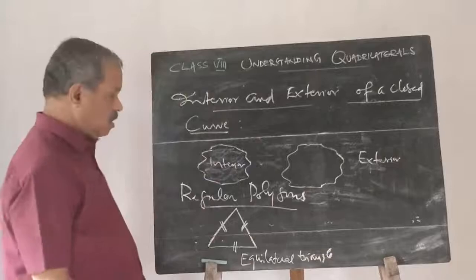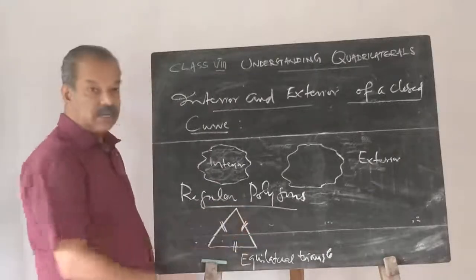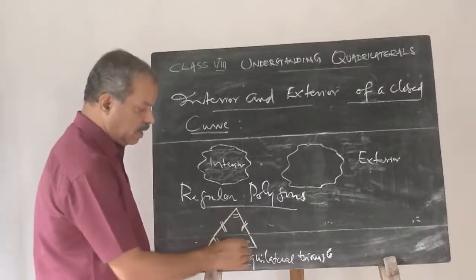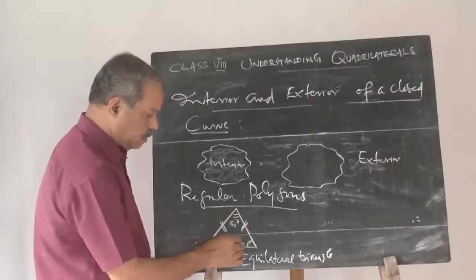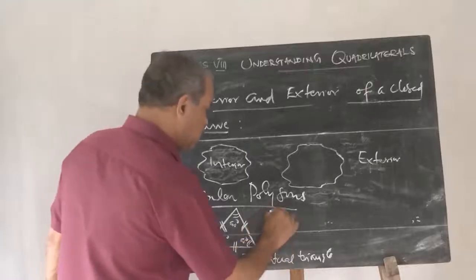What are the properties of this equilateral triangle? All the sides are equal. Also, all the angles are equal, and each angle is 60 degrees.